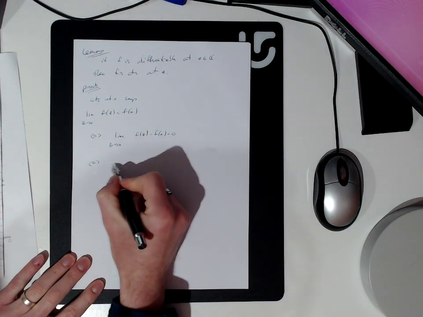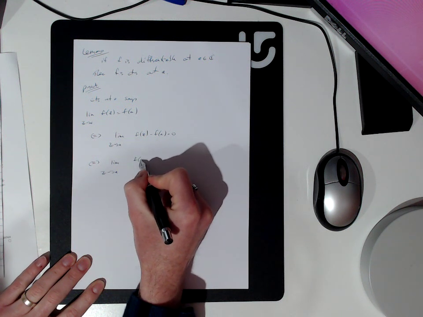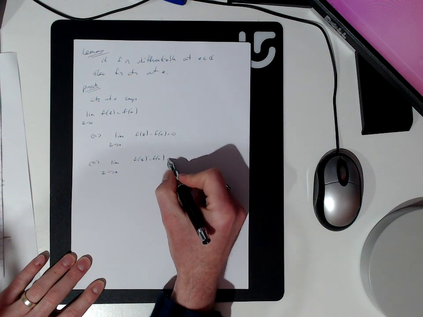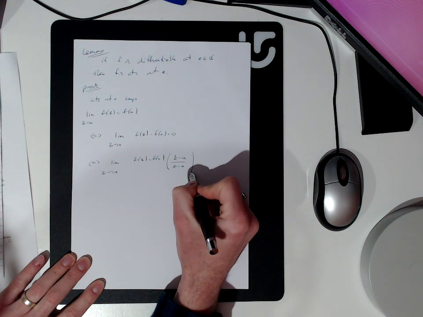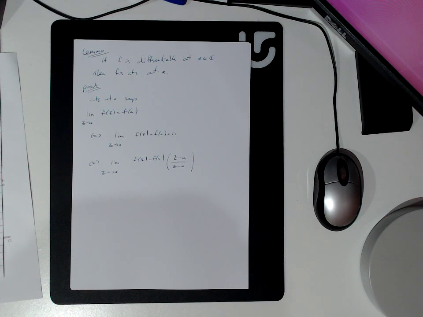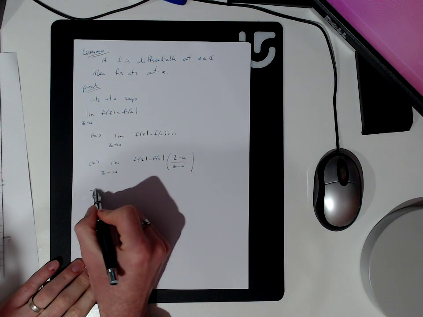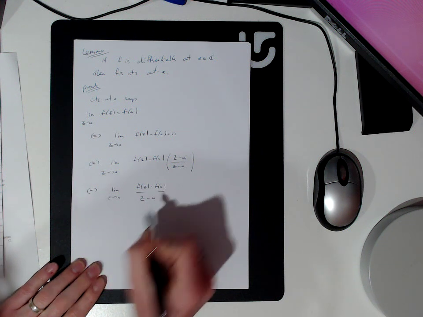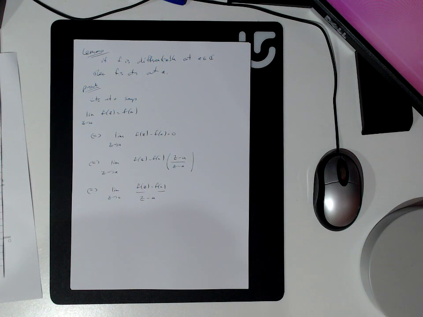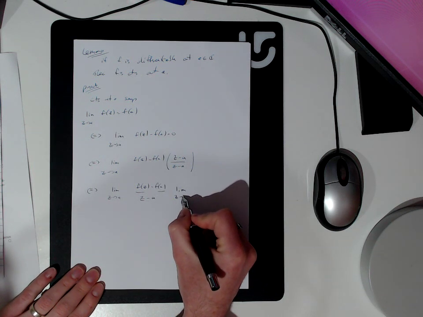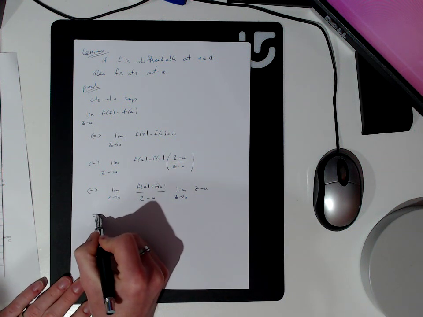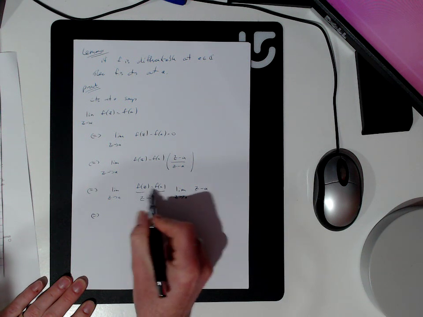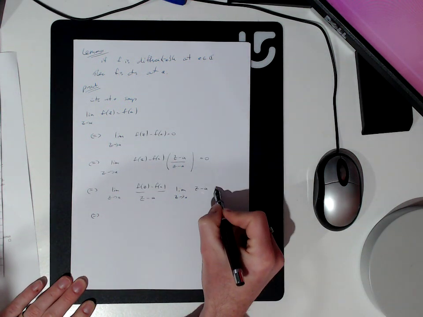So I'm going to multiply top and bottom. The limit as z goes to A of f(z) minus f(A), and I'm going to multiply top and bottom by z minus A over z minus A. This is talking about the limit as z goes to A of (f(z) minus f(A)) divided by (z minus A), times the limit as z goes to A of z minus A. This is equal to 0.